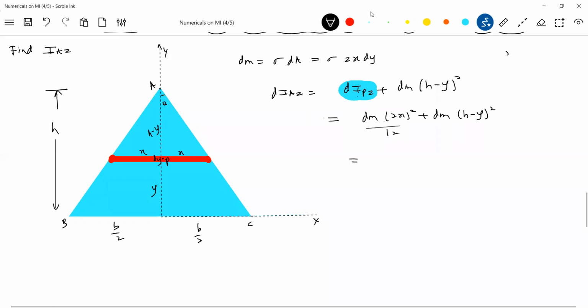So what is x? x by h minus y is equal to b by 2h from the triangle relationship. So dm is equal to how much? Sigma 2x dy. So substituting, substitute x in terms of h, then integrate 0 to h, you're going to get IAZ.